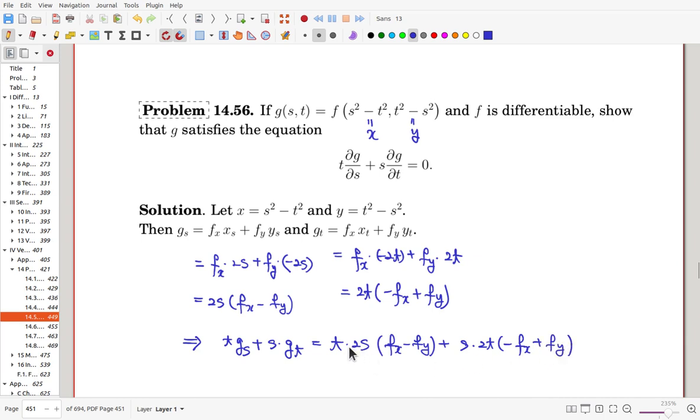So 2st, 2st, and f sub x minus f sub y, and from here minus f sub x plus f sub y. They cancel, so it must be 0, right?